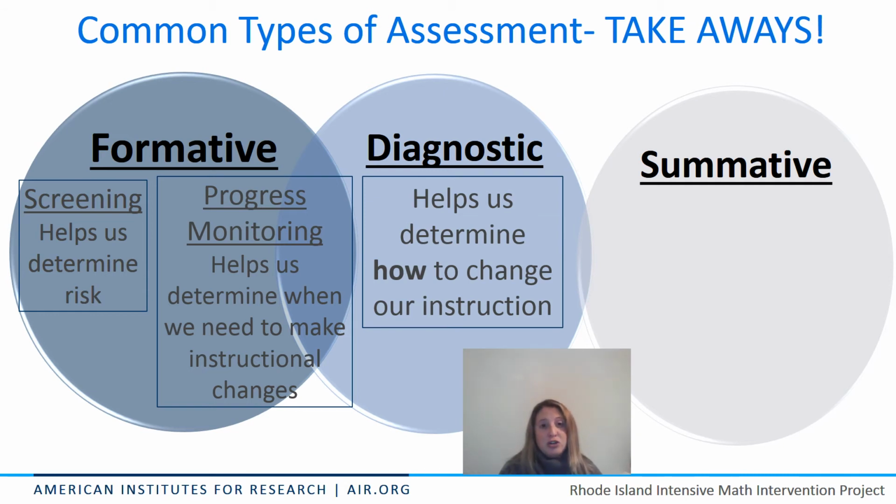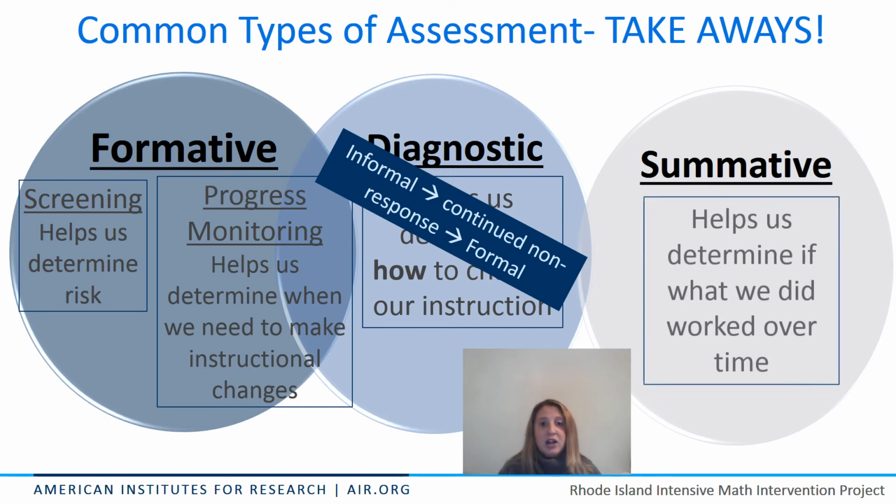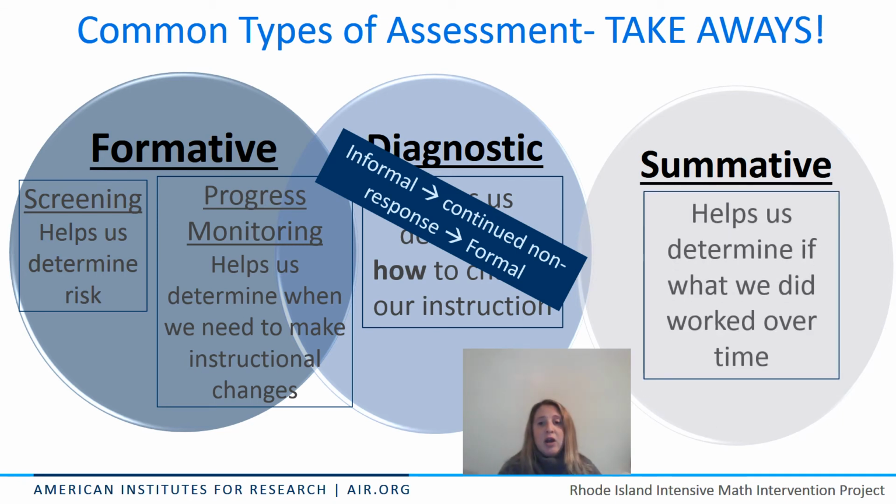You may also use more formal diagnostics on individual students that are truly at risk, those true positives for not achieving academic outcomes. Remember, this is often a very small percentage of students. Lastly, our summative assessments. This is for true curricular and outcome assessments. It helps us determine if what we did worked over time.